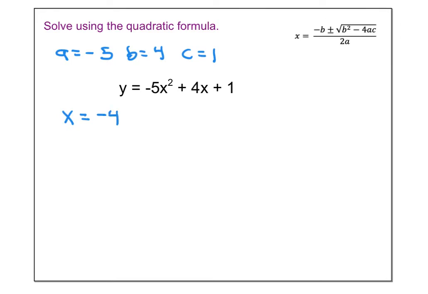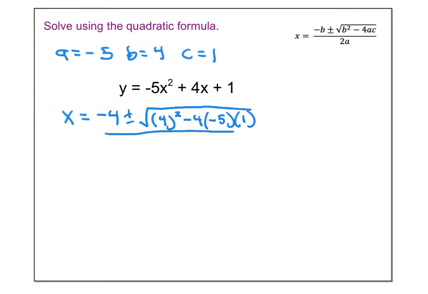Since b is 4, I'm going to do negative 4 plus or minus the square root of b squared minus 4 times a times c. Underneath that root, you've got 4 squared minus 4 times negative 5 times 1, all over 2 times a, so all over 2 times negative 5.